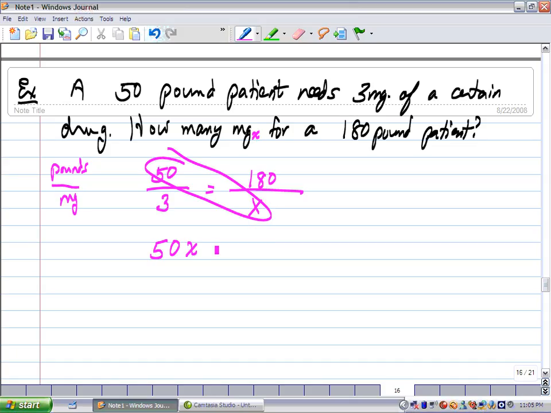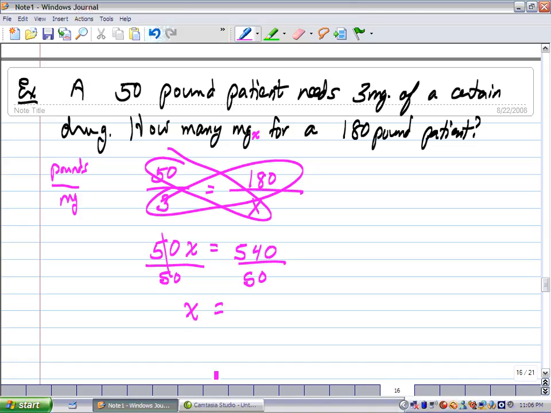Cross multiply. 50 times x, 3 times 180, let's see, 3 times 18, 540, divide both sides by 50, that can be reduced by 10, giving me 54 over 5, or what? 10.8.